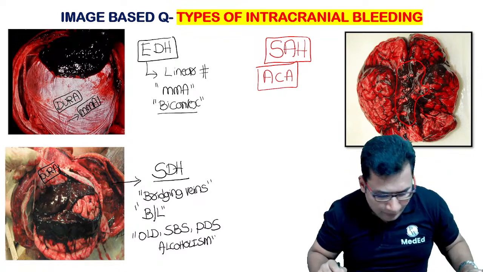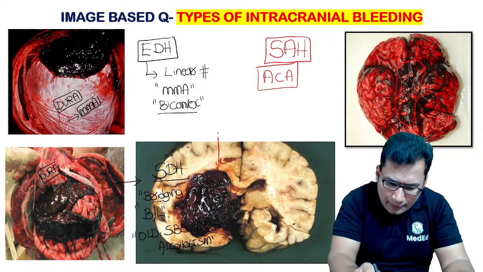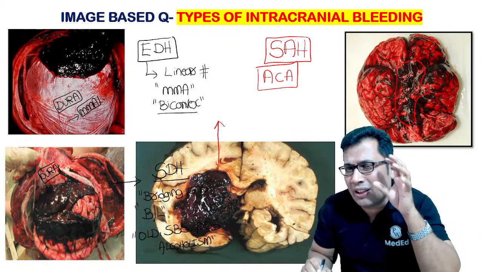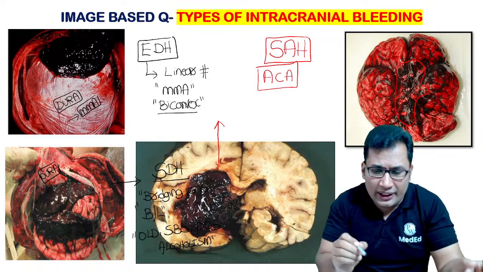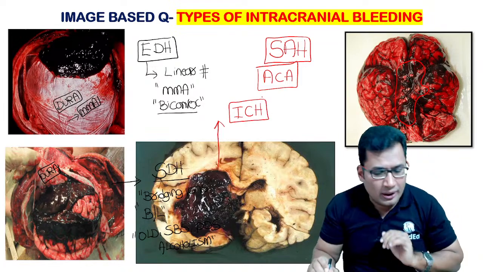Lastly, look at this last hemorrhage, where you can see the brain and inside the brain some hematoma. What is that? It is the intracerebral hemorrhage.